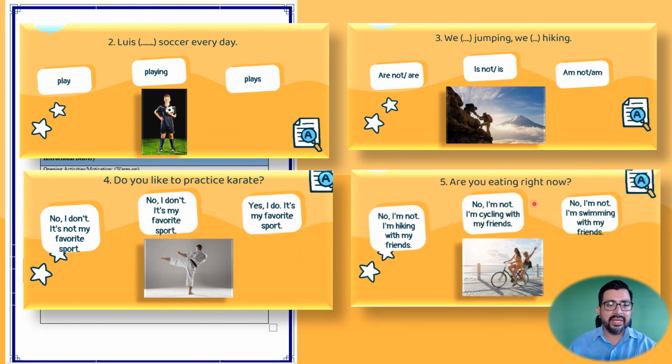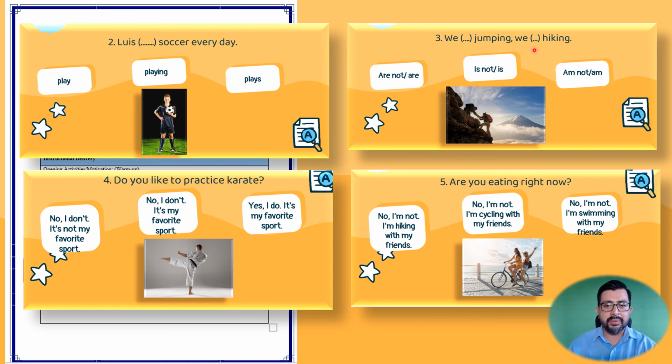Louis, playing, or plays. In this one, I need to select the right option. So based on that Louis is the third person singular and we're using the simple present tense, they need to select plays.